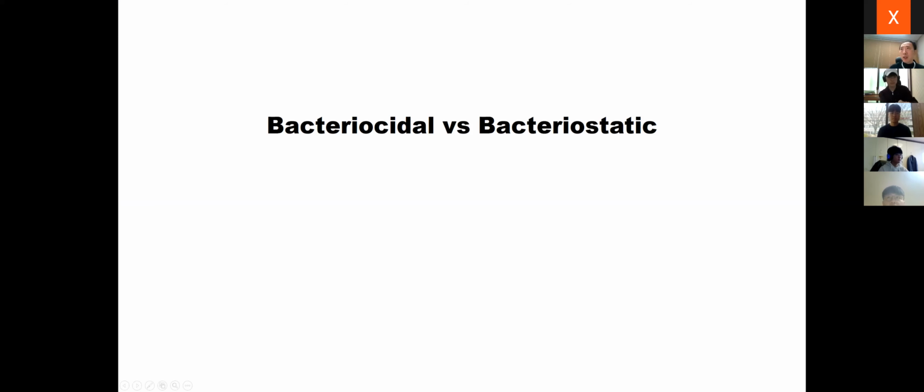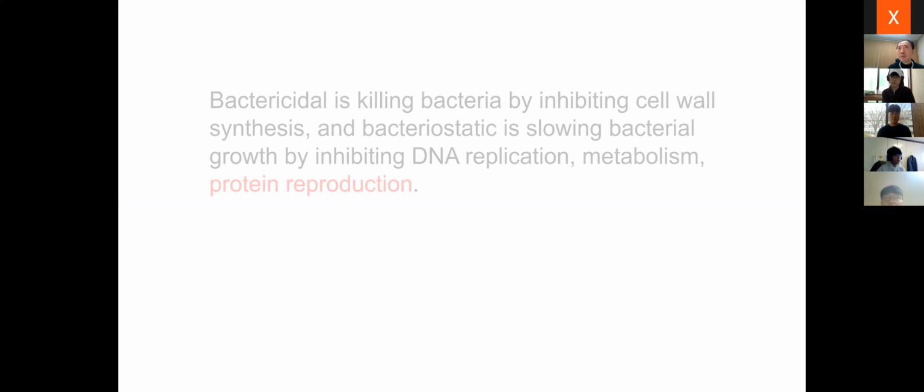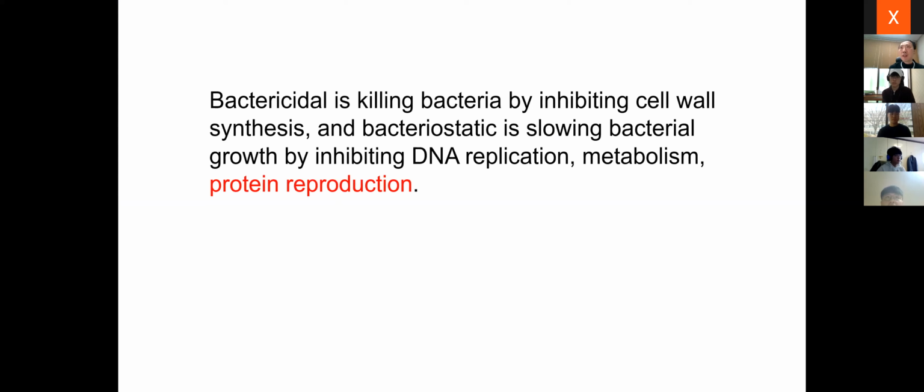So those are the 2 categories of antibiotics. You simply said bacterial cell wall attacking is bactericidal, killing the bacteria, and stopping their growth is bacteriostatic, as for the other mechanisms. So which one is better? Then maybe you can think of different ways.